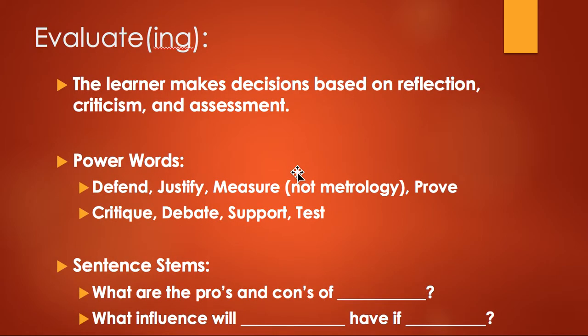All right, evaluating is going to take it just a step further. Now we're not just going to analyze, we're going to analyze and then make a decision. The learner makes decisions based on reflection, criticism, and assessment. The power words would be defend, justify, measure, prove, critique, debate, support, test. What are the pros and cons of using higher levels of Bloom's taxonomy, or what influence will something have if something else happens? So think about evaluation in that a decision has to be made.